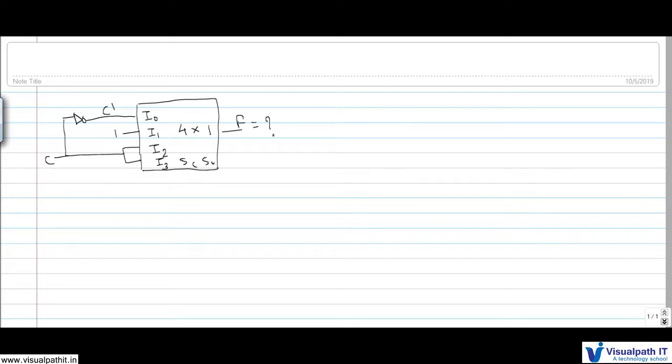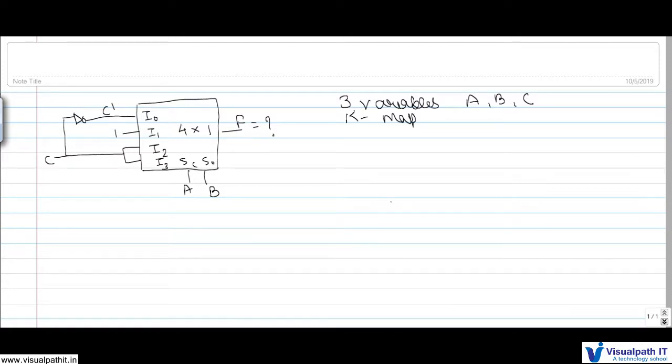For S1 and S0 we have A and B in the selection lines. Now I have to figure out what is the value of f in this function. So we have 3 variables, A, B and C. So I have to draw a K-map for this.